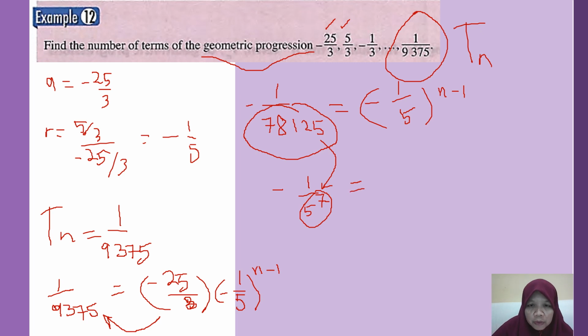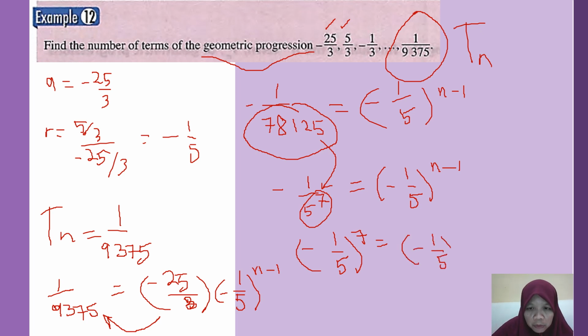So negative 1 over 5 to the power of 7 is equal to negative 1 over 5 to the power of n minus 1.